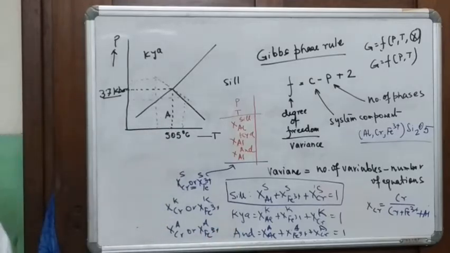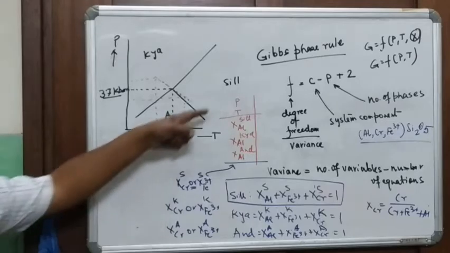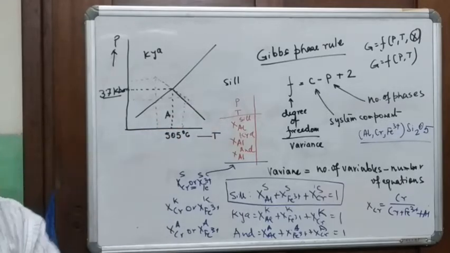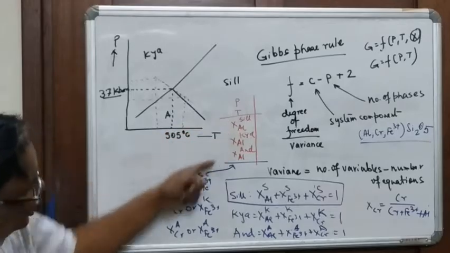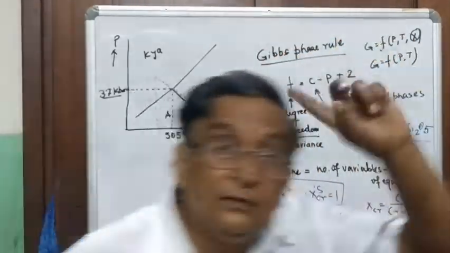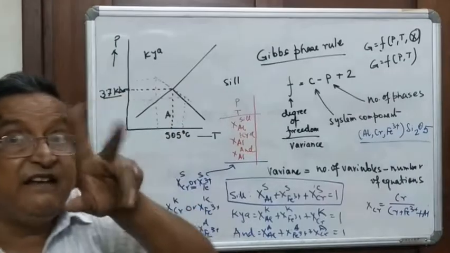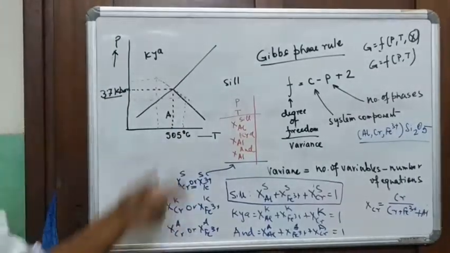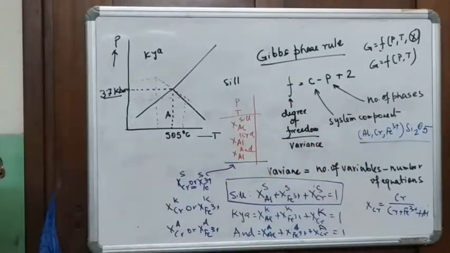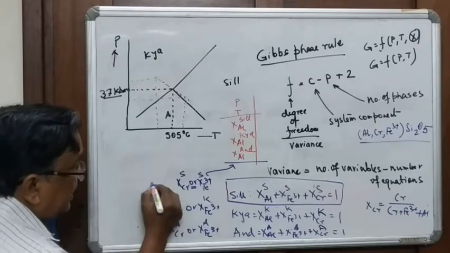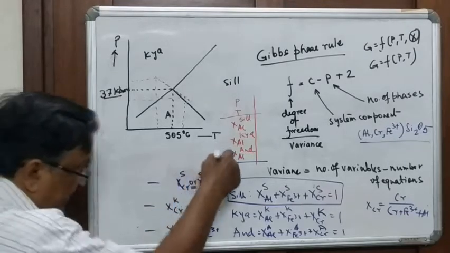So now, gentlemen of the jury, you have pressure and temperature unknown. You have these 3 unknowns. Earlier, that was a binary system component. And now for a ternary system component, you have to have 1, 2, 3 variables.